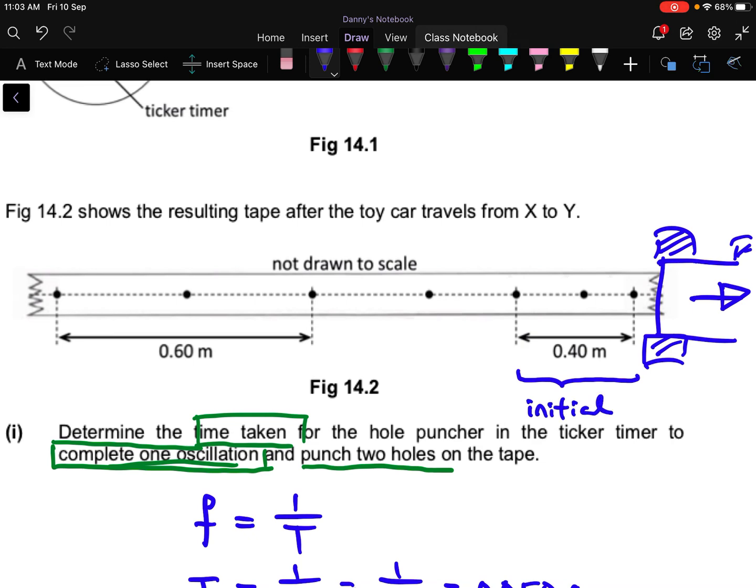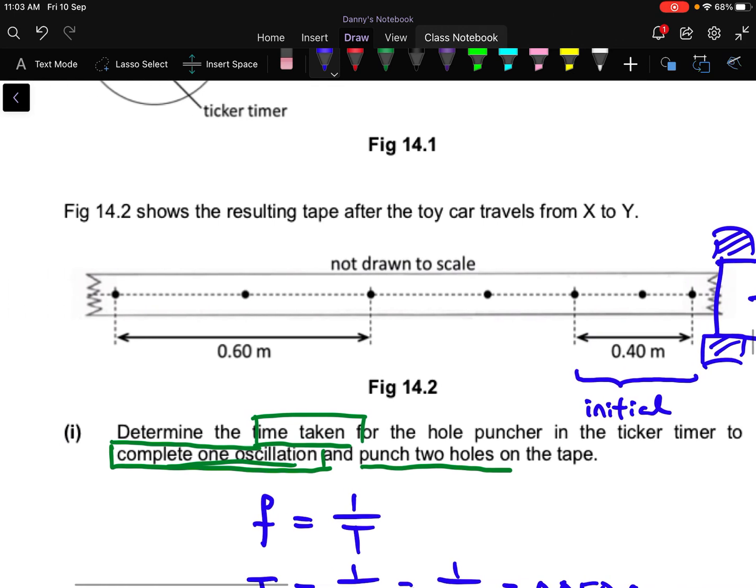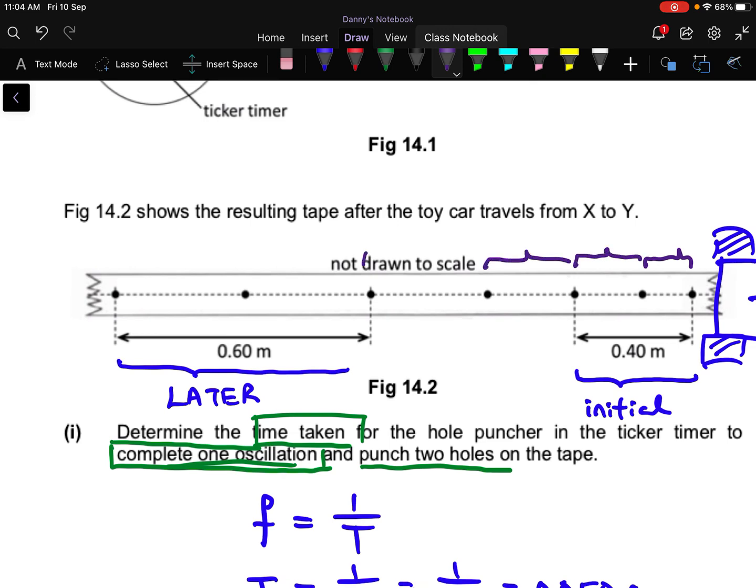Down here, this part is the initial part, right? Then after that, as it is being pulled along, this refers to a later timing. As you observe down here, the gaps between the holes are getting further and further.